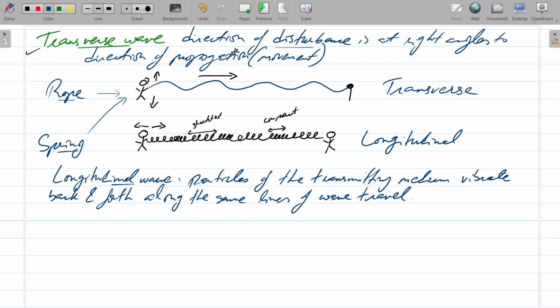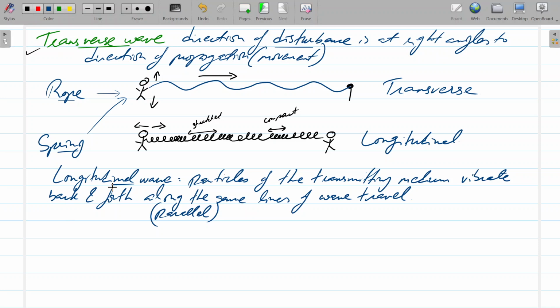So for longitudinal waves, the direction of disturbance is parallel to the direction of propagation. That's how we would say it for a longitudinal wave.